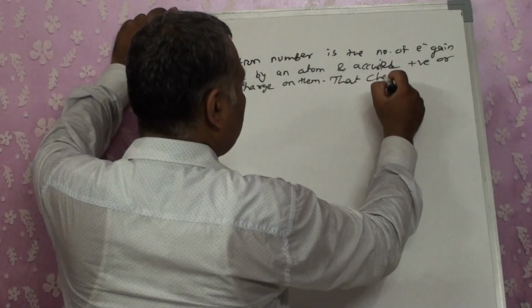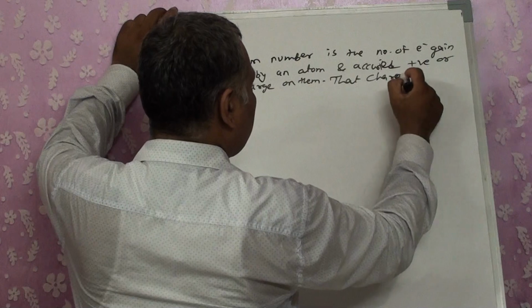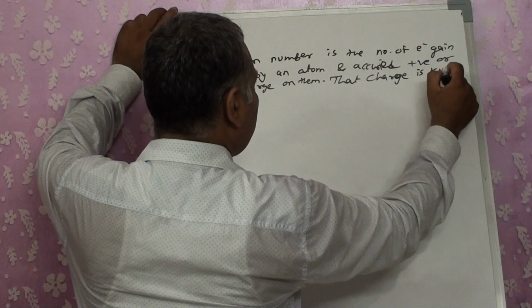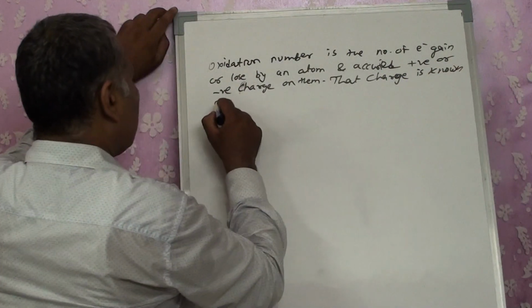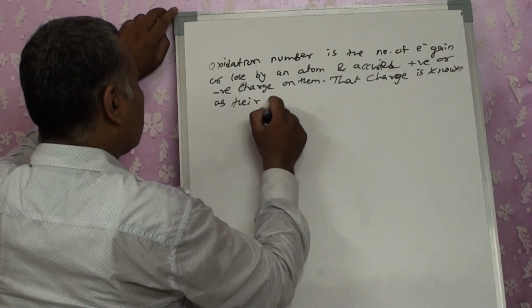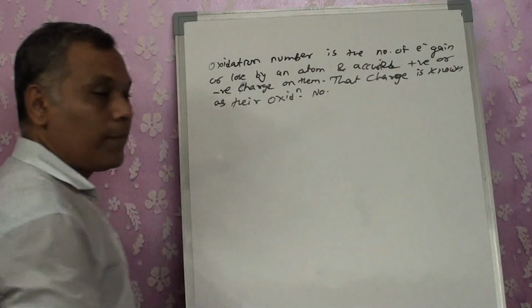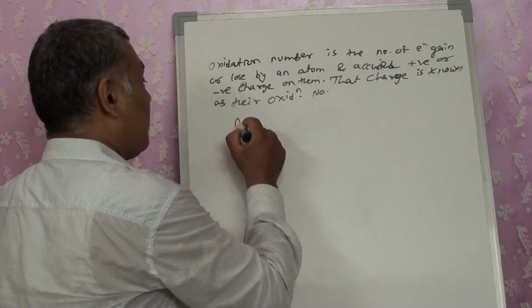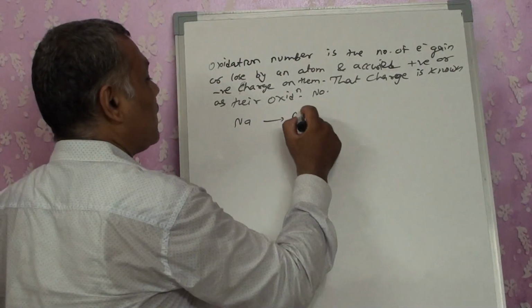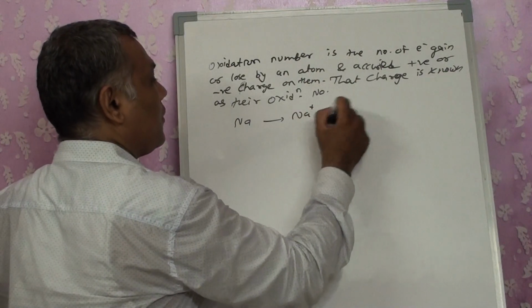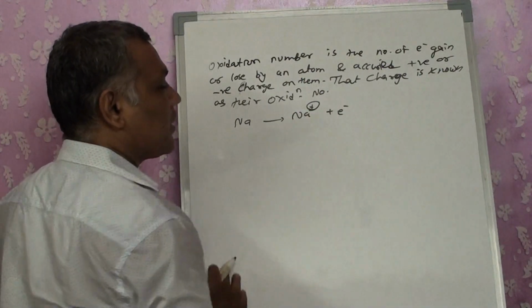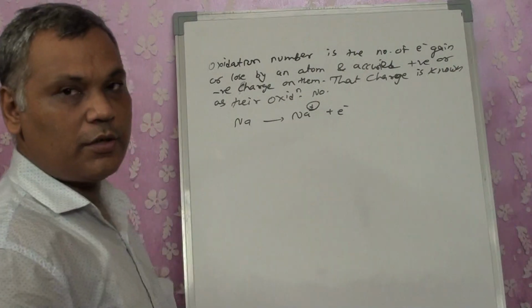That charge is known as their oxidation number. Like sodium, it donates an electron, so this +1 is considered as its oxidation number.